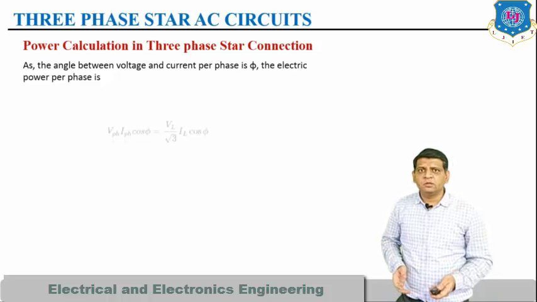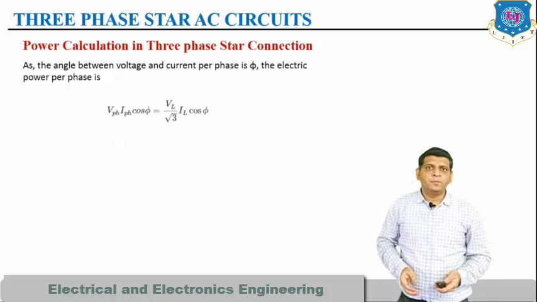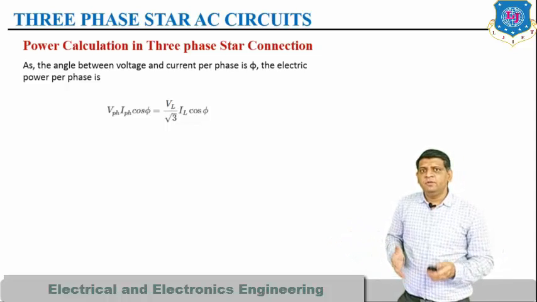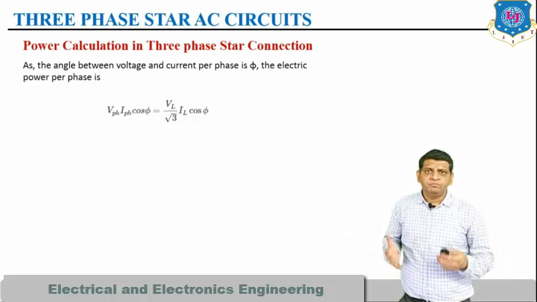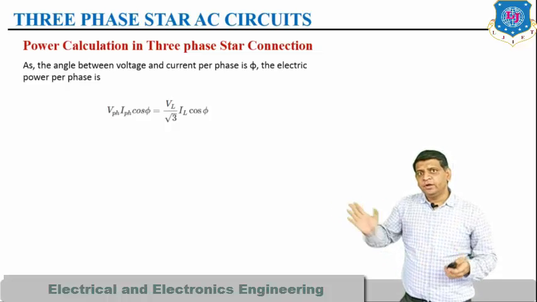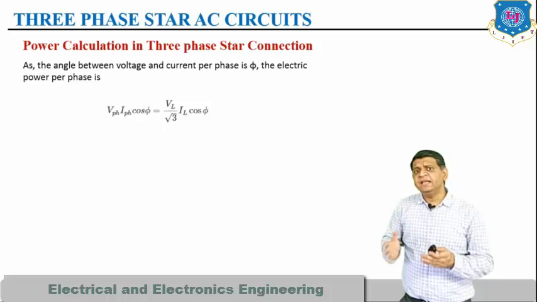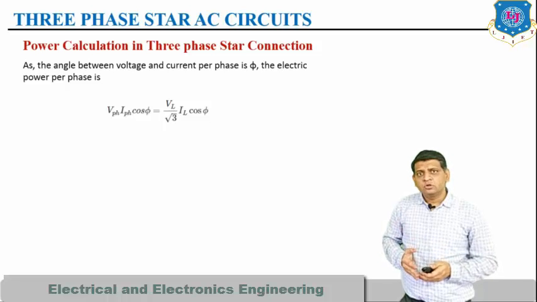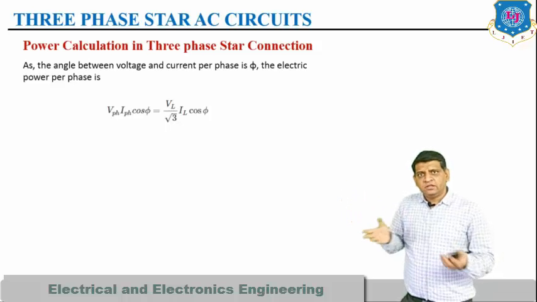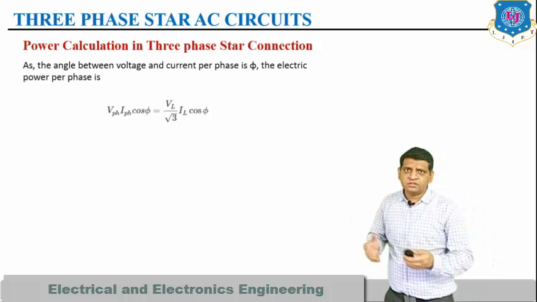Total power is nothing but 3 times the power per phase. If we simplify this equation, you get VPH into IPH into cos phi, which is nothing but the power per phase, right? Now in this case you already found VL is equal to root 3 times EPH, so instead of EPH you can write VL by root 3, right? Same way, IPH is nothing but IL for a star connection.